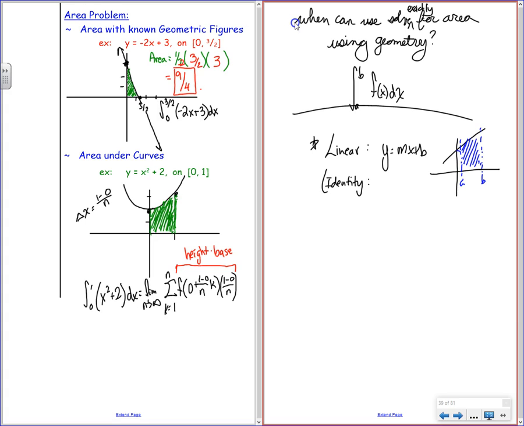I see you guys looking at that card. What other functions would give a geometric area? Absolute value of x, which would be technically a piecewise. An example of that would be absolute value of x.